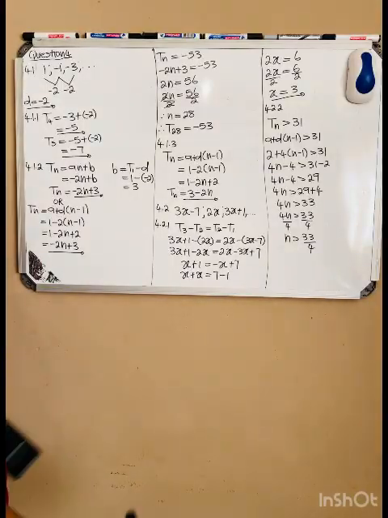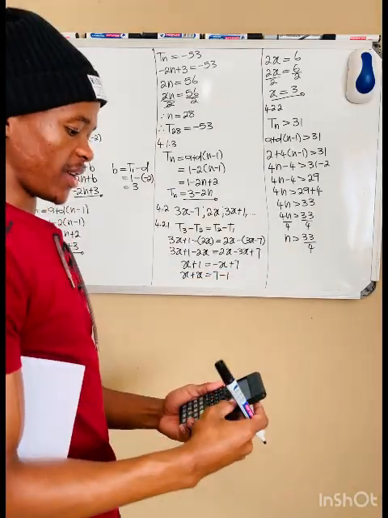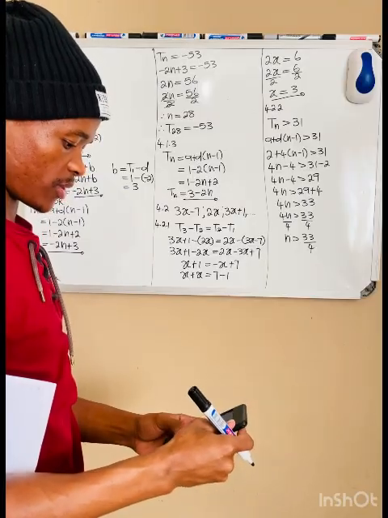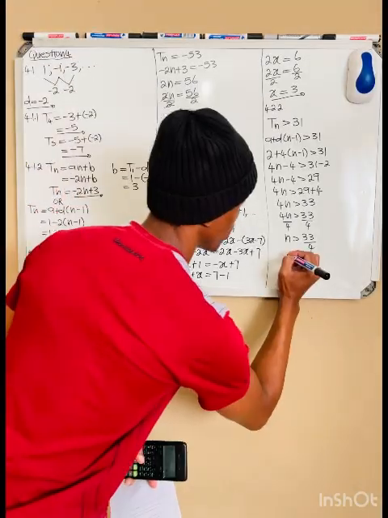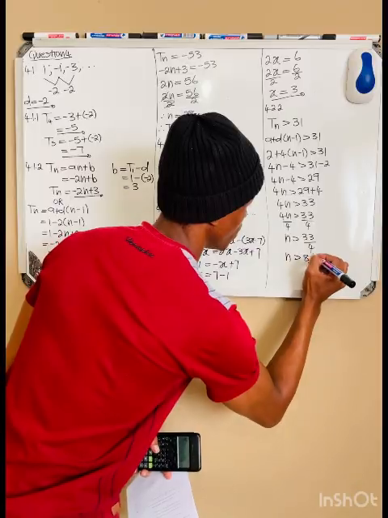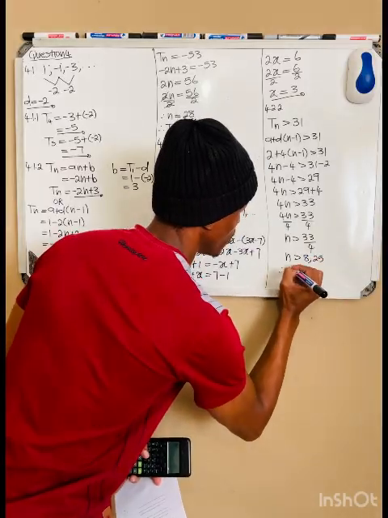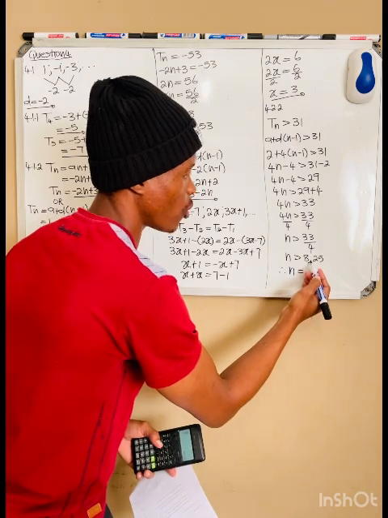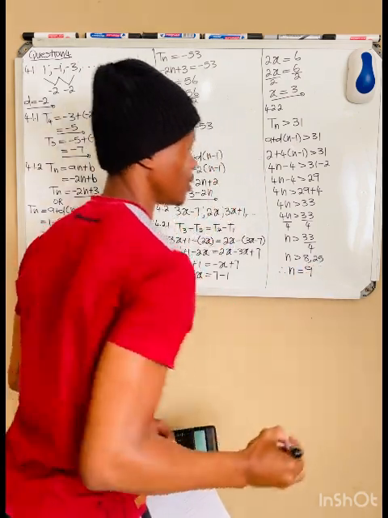So now, this is not the solution because we want n. Which term is the first to be greater than 31? So let's check. What is 33 over 4 in decimal? It's 8,25. So our n is greater than 8,25. Therefore, the first term to be greater is the next term, which is 9.